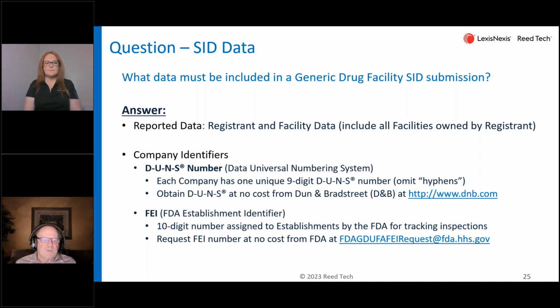So Dun & Bradstreet most likely has already looked at your company and has a DUNS number for your facility. You might not be aware of it, but you can request information from Dun & Bradstreet to see if you have one already. If not, it's pretty straightforward to follow that website link there to request a new DUNS number for your particular company.